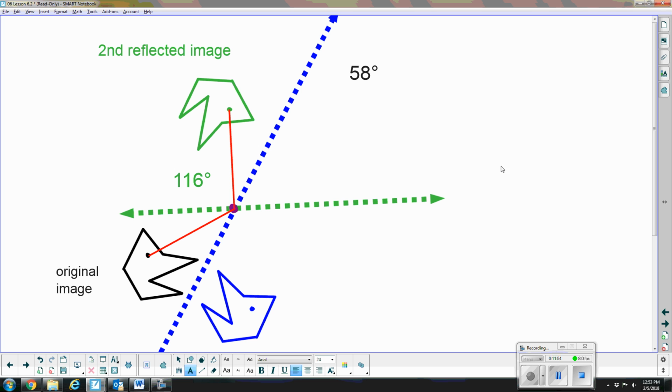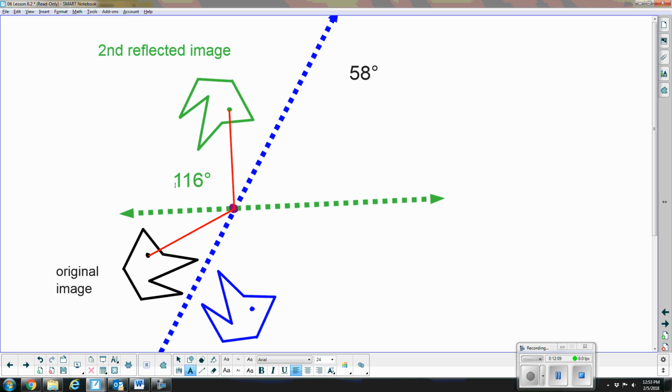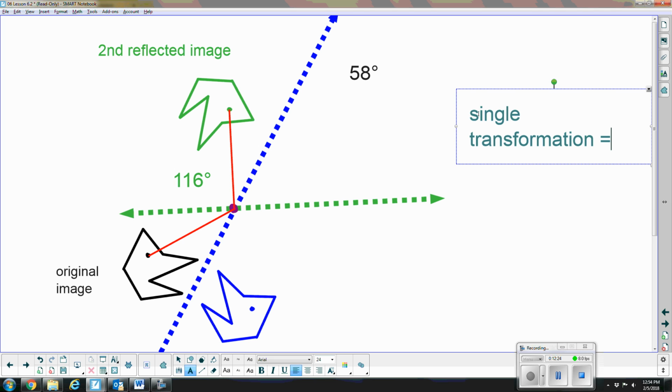So if you look at a pattern, and yours is going to be different numbers, but if you look at the pattern, rewinding just a minute, if we were looking for a single transformation of a composition of reflections over two intersecting lines, this would be a rotation.